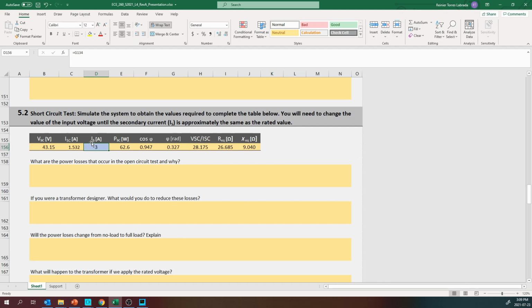And then when you reach that point, you come here and you take the measurements for the voltage, the current, the power. Again, you need to compute the power factor, you need to compute the angle, and this ratio here. Just look it up in the book, and then you need to find the equivalent resistance and the equivalent reactance.